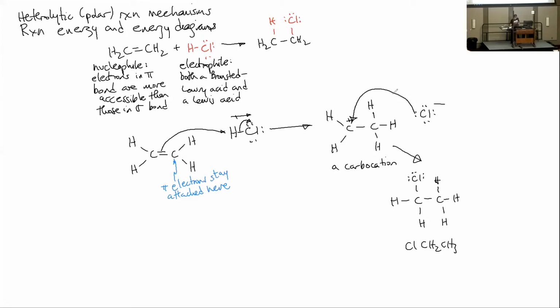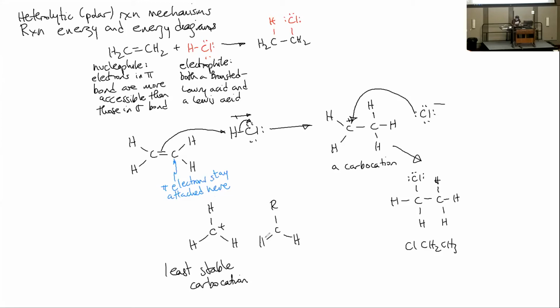So carbocations can be categorized by what is attached to them. The least stable type of carbocation is just methyl, just CH3+. That's the least stable. But what if we start now replacing those H's with alkyl groups?